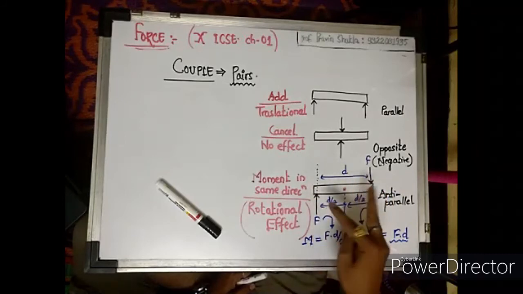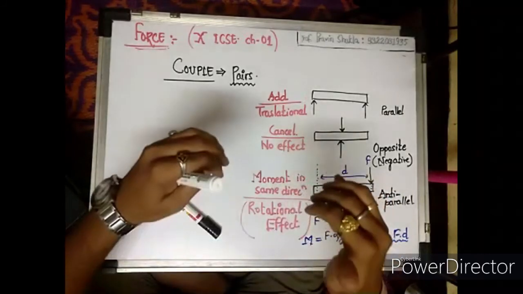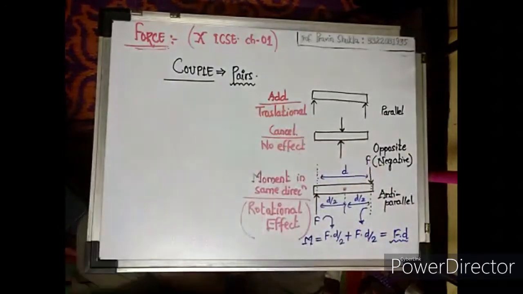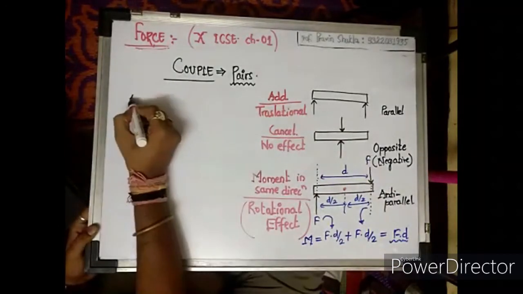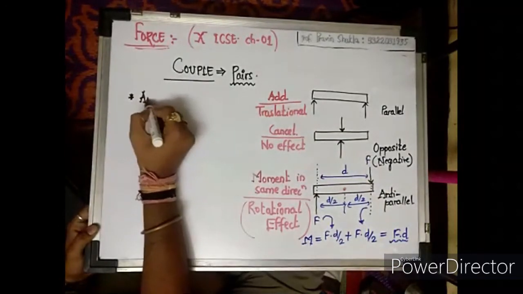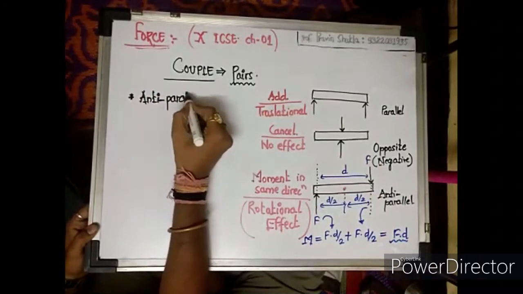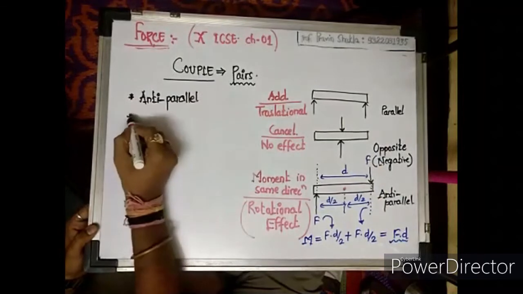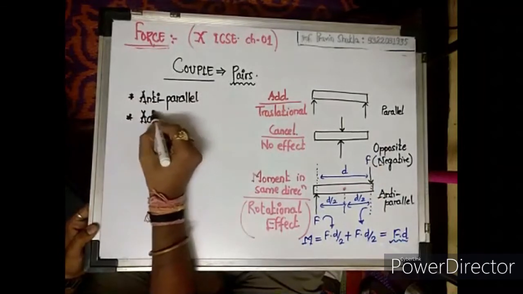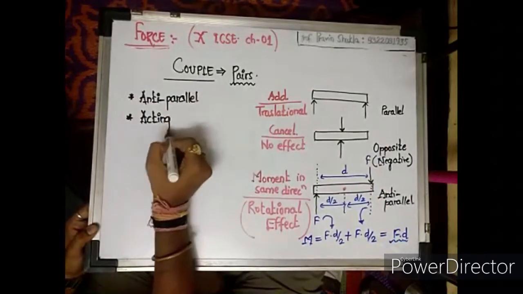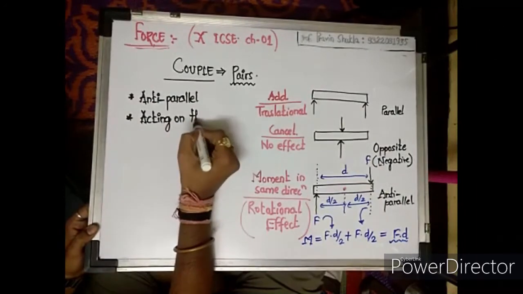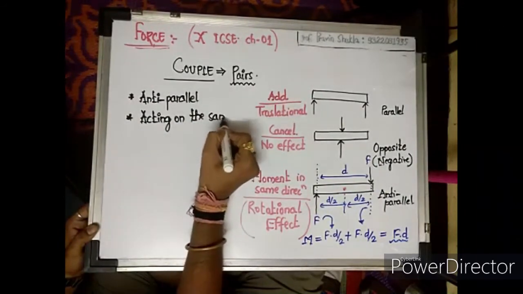So, such two forces which are anti-parallel acting on the same body. I'll just write these points. These are very, very important points. First, it must be anti-parallel. Second, it is acting on the same body.